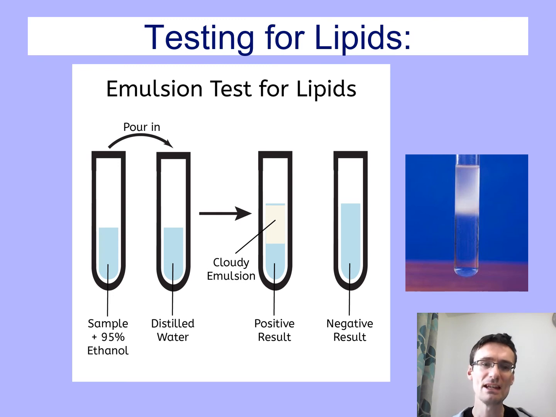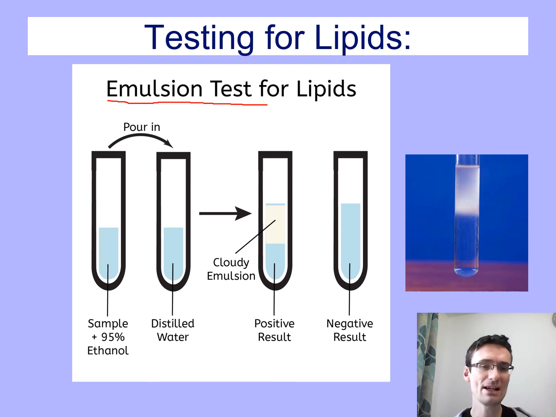And the last bit is the test for lipids, the biological molecules test, or the food test as you would have called it at GCSE. So basically this is called the emulsion test. And what we do with lipids is, because lipids are soluble in alcohol and ethanol and insoluble in water, we can do the emulsion test.